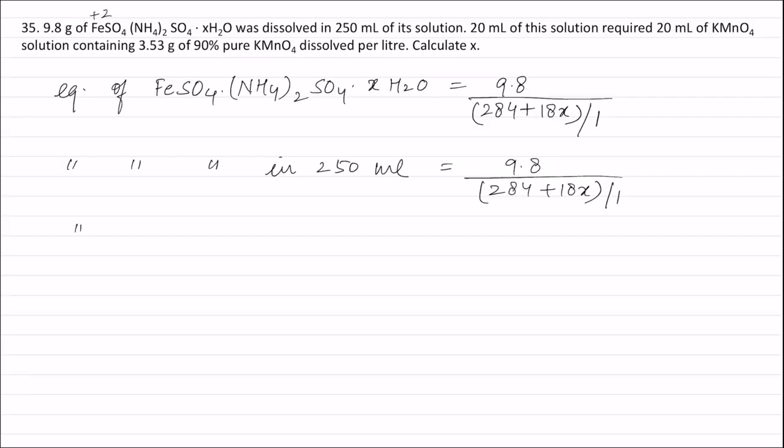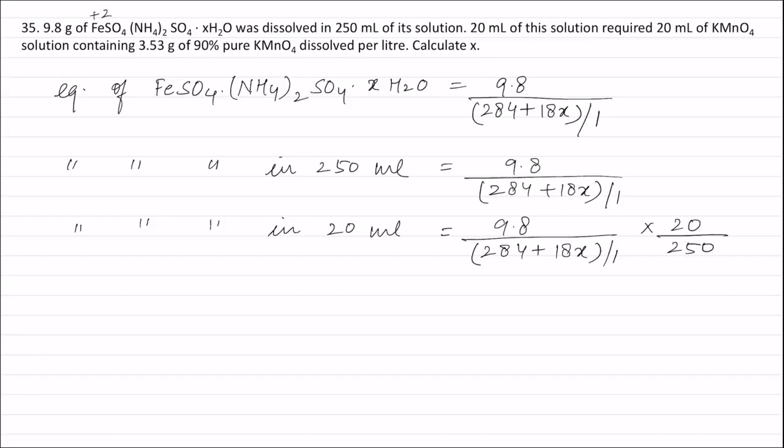Therefore, equivalence of FeSO4·(NH4)2SO4·xH2O in 20 milliliter is equal to 9.8 divided by (284 + 18x) by 1 into 20 divided by 250 equivalents.